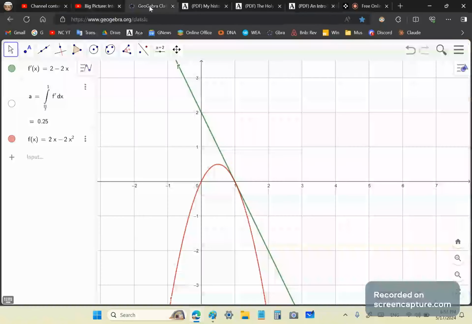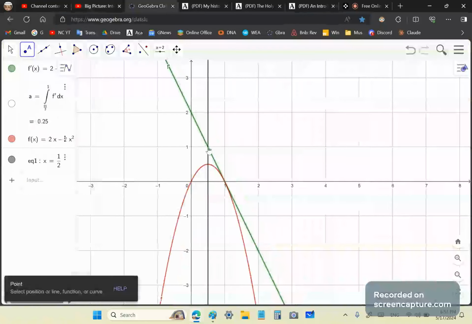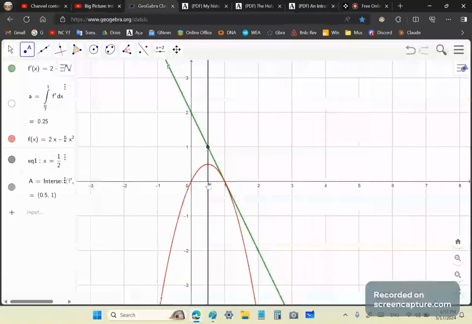So look, when you find the arithmetic mean, you're taking the arithmetic mean of the y values under this function. So what you're doing is you're saying x equals a half. Let's put a little intersection line there, like that and like that.